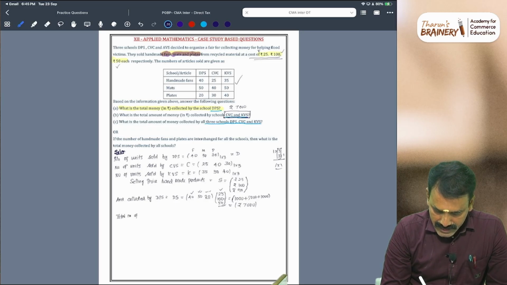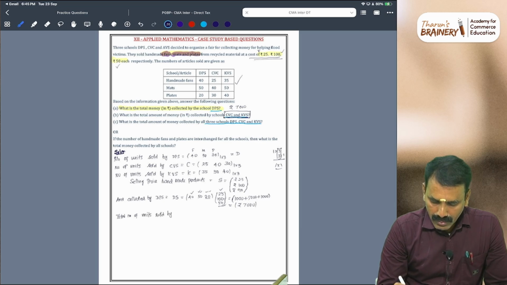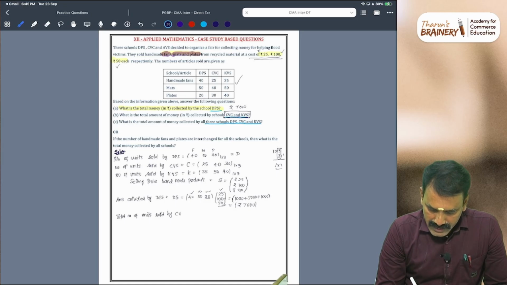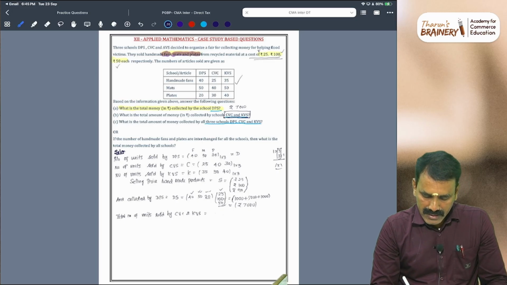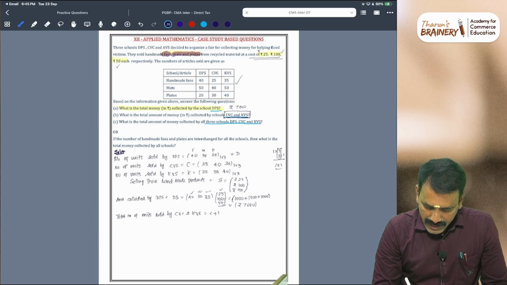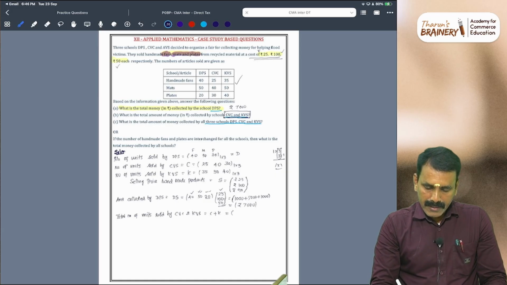Total number of units sold by both the schools CVC and KVS. So we are going to add the two matrices. C matrix is going to be added with K matrix. So when you add, what you are going to get?